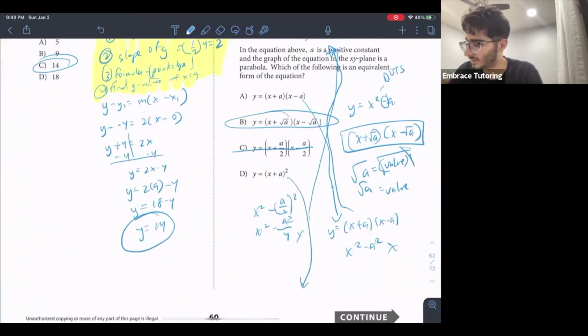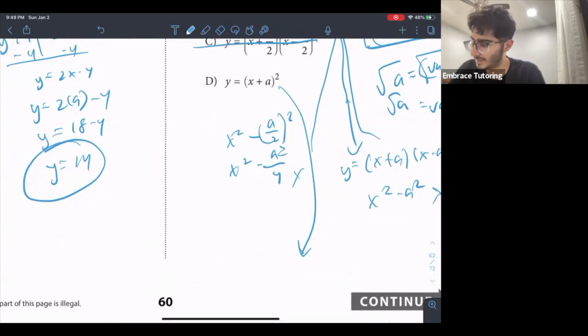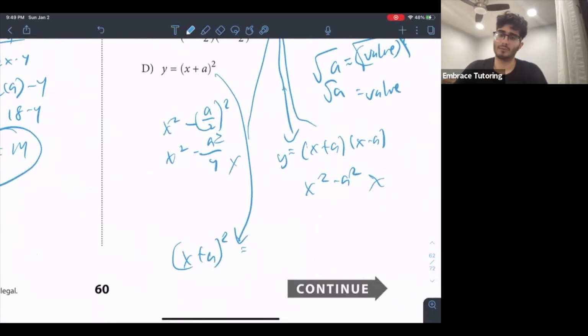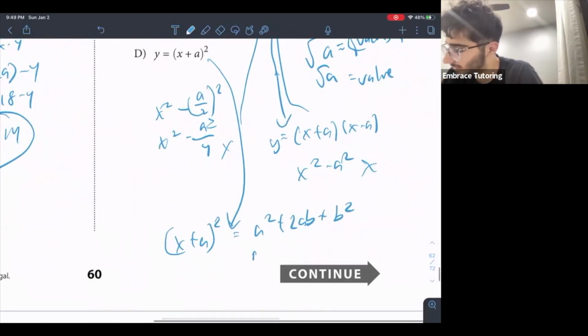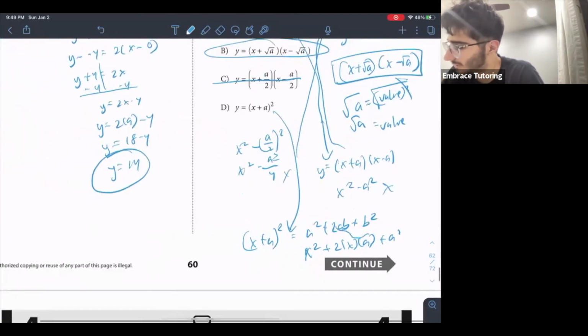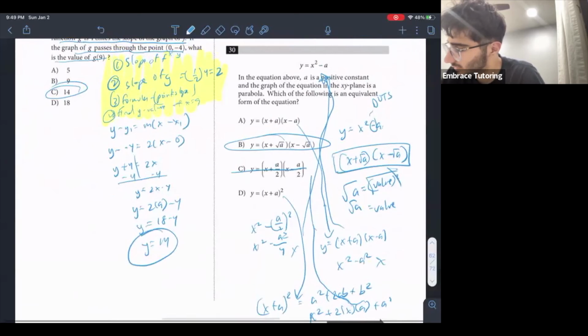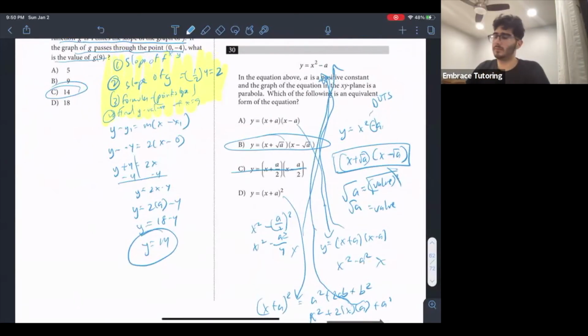And then this one is definitely not right because it's not even in the form of a difference of squares. Plus, if you remember what I said in the earlier question, it was a squared plus 2ab plus b squared. So this would be x squared plus 2 times x times a plus a squared, which does not match up to this top equation that they gave. So that's also wrong. So it'd have to be choice B.